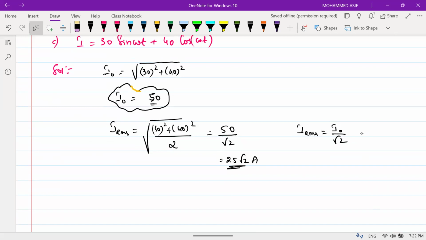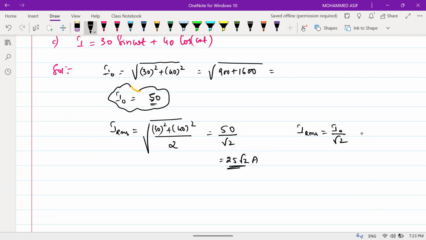Should I do it? 30 whole square is how much? 30 into 30 is 900. 900 plus 40 into 40 is 1600.